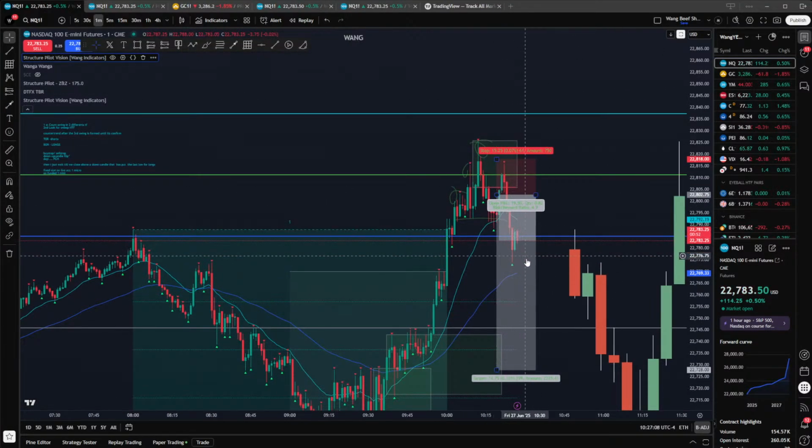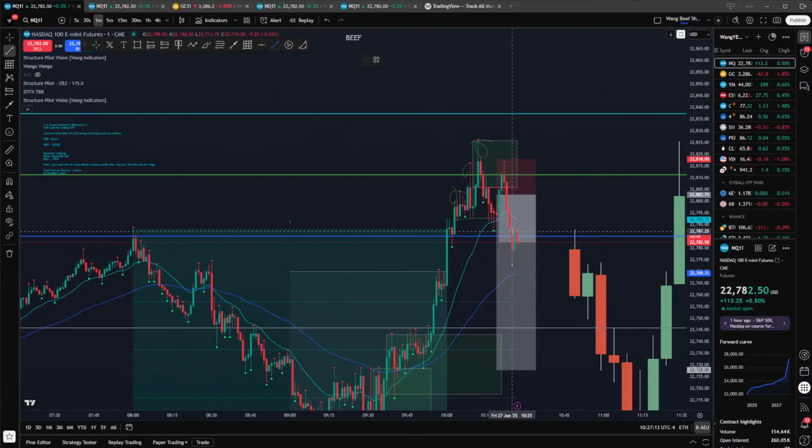If this is able to deliver a body close below, my stop goes about this candle. If we get a body here, my stop would be there.